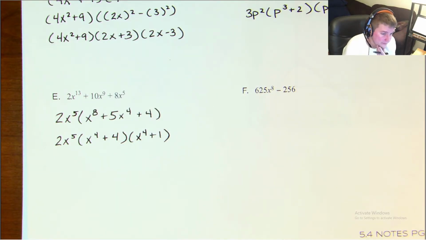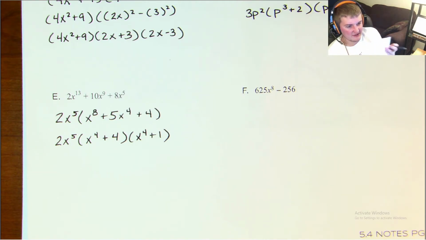Okay, F, these values are very large, so we want to check whether there's a greatest common factor. One's divisible by 5, and the other's probably divisible by 4. Not really identifying a number that divides evenly out of each.